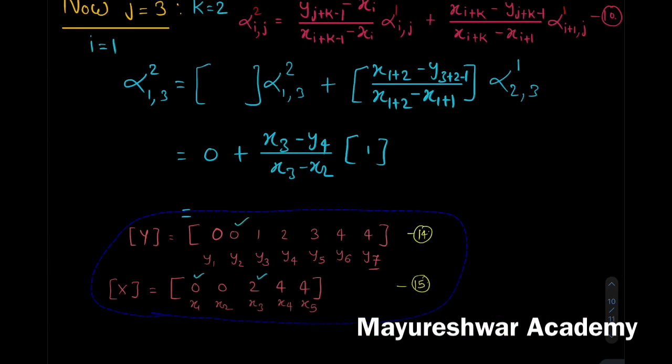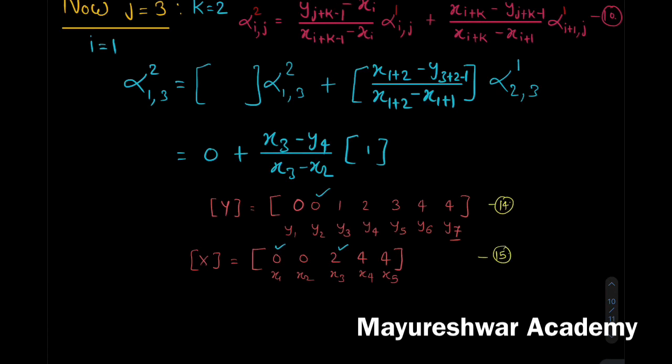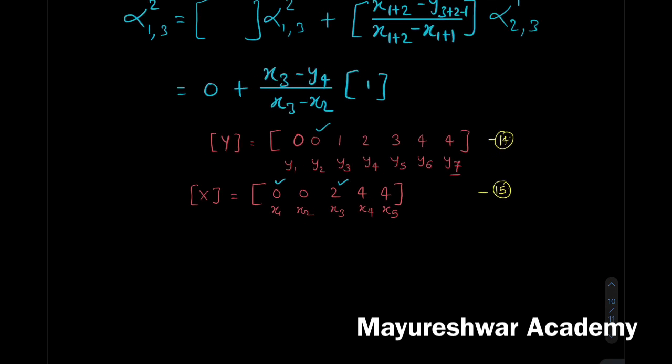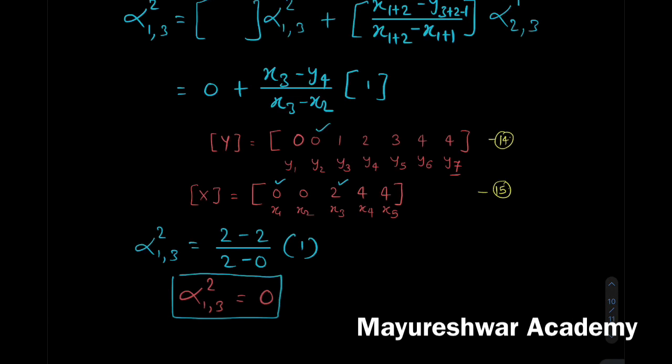Alpha 1 comma 3 is equal to x3, which is 2 minus 2 divided by 2 minus 2. Anyway, by virtue of x manipulation this comes out to be 0. So alpha 1 comma 3 second order is 0.